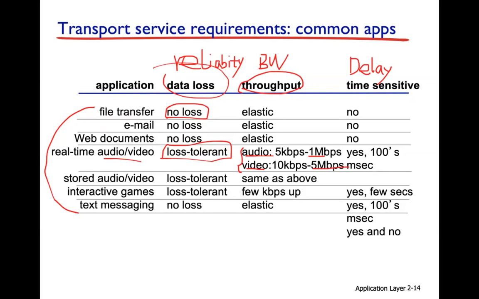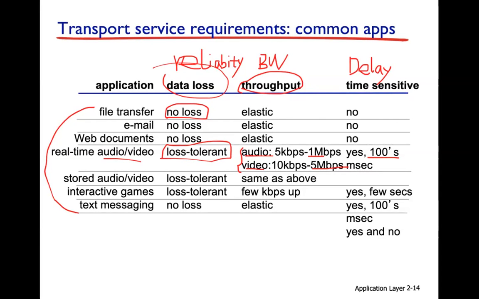And the delay, you should also guarantee. So it's time sensitive, or not delay tolerant. This means it can only be about hundreds of milliseconds. So this one is very headache. This is not delay tolerant. Oh, this is a too extreme case.